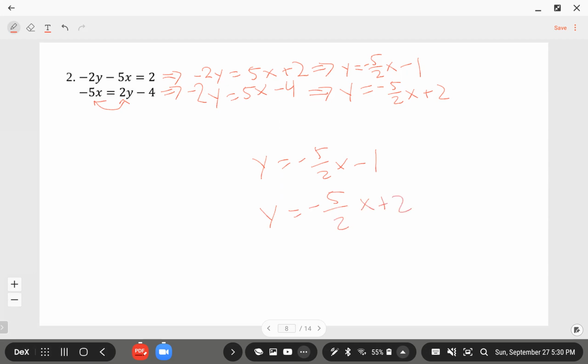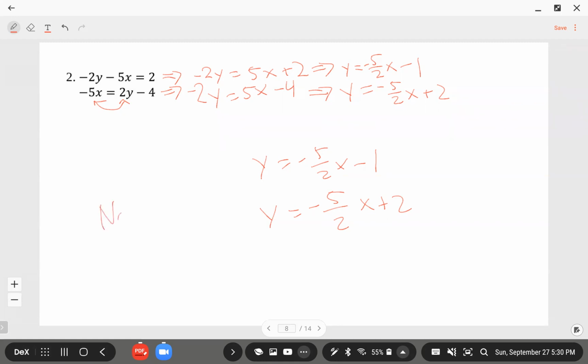Now, what is this? They're basically the same equation, right? Except different y-intercept. Last class, I talked about perpendicular and parallel lines. So, same slope, different y-intercept. What is that? That is a parallel line. And what are parallel lines? They have no solution.